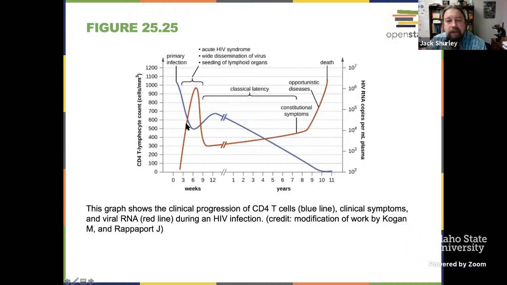Just as we see them crisscrossing over here, the same sort of idea happens a few years into the infection, where the T cell and RNA levels shift positions. And this is when we start seeing ill effects and the potential to start moving out of this latency period and really start seeing symptoms.